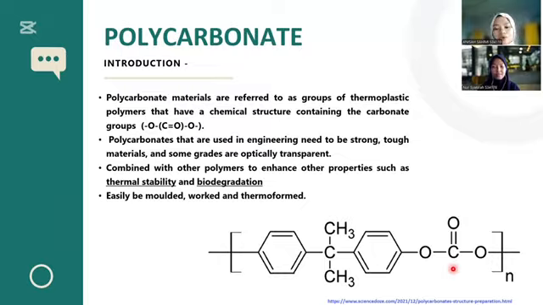It is known for its transparency, impact resistance, and versatility. Polycarbonate can be combined with other polymers to enhance other properties such as thermal stability and biodegradation. And polycarbonate can easily be molded, worked, and thermoformed.